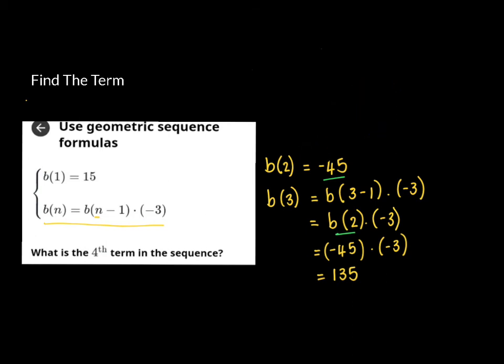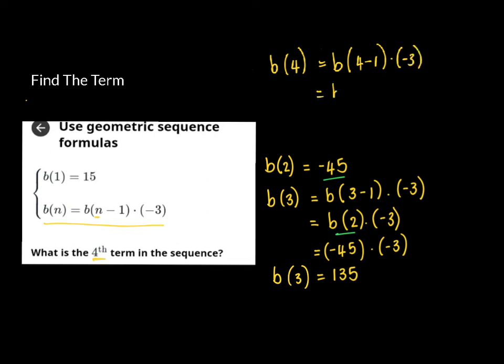So we know that B3 is equal to 135. So we're going to get B4, which is what they actually want. They want the fourth term. Like they say over here, the fourth term is going to be equal to B of 4 minus 1 multiplied by negative 3.